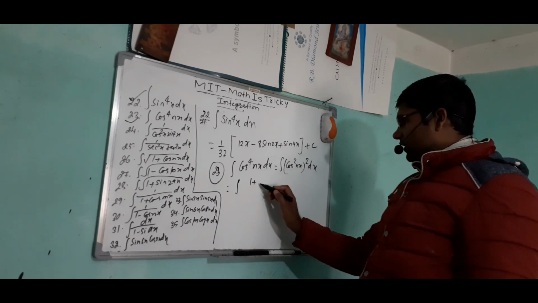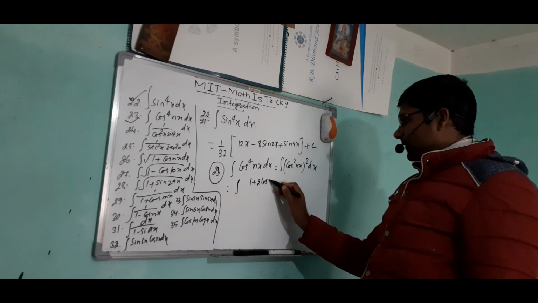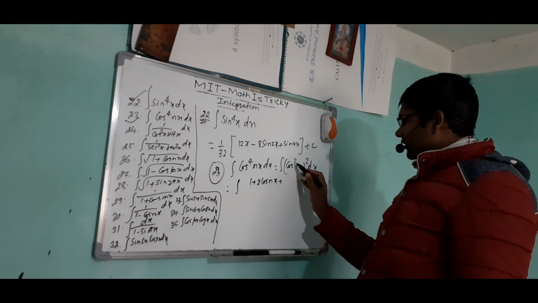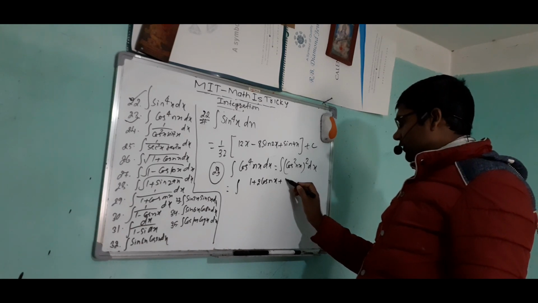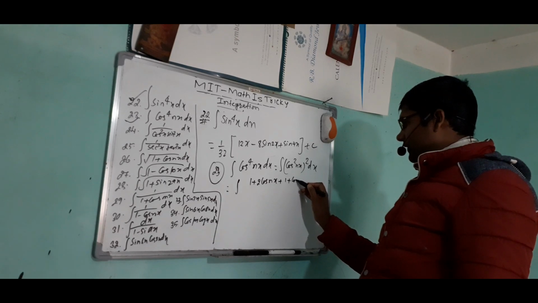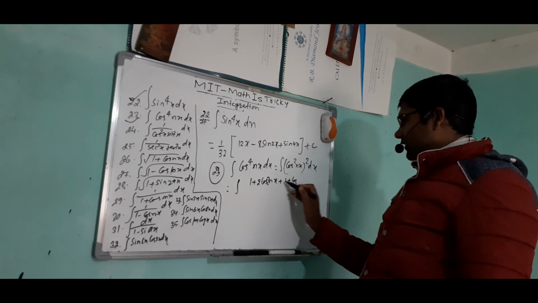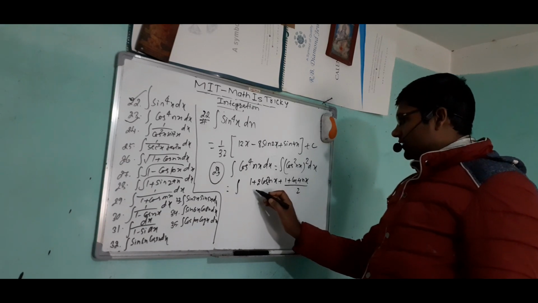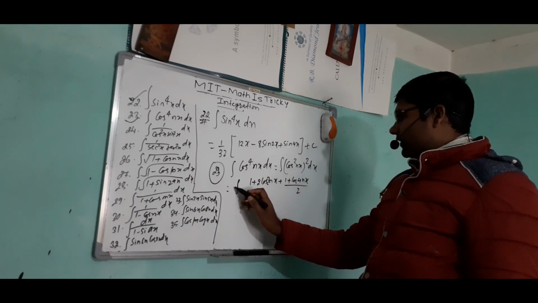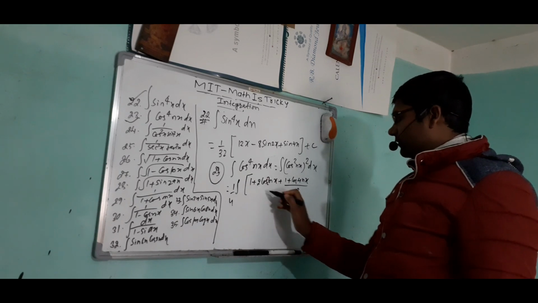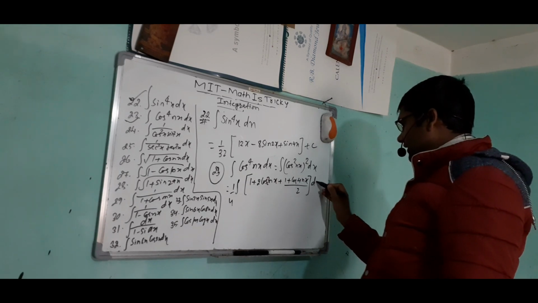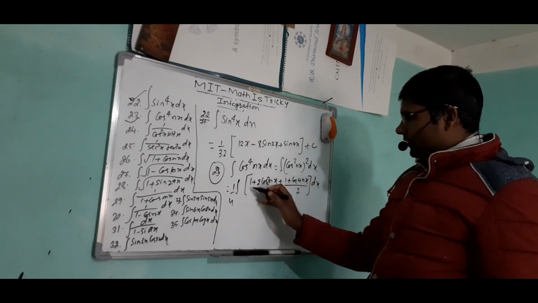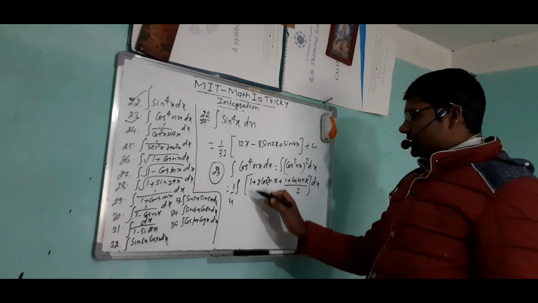So we can write here ((1 + cos 2nx)/2) whole square, that is 1 + 2 cos 2nx plus cos² 2nx, and cos² 2nx again we can write as (1 + cos 4nx)/2, and 2 × 2 is 4. We can write this 1/4 outside. Hope you understand this.